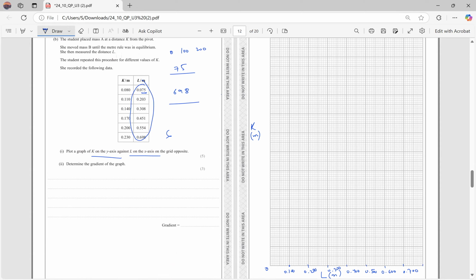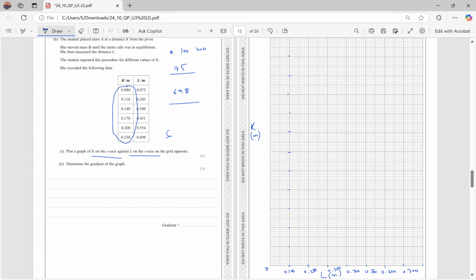Let's move on to K. K is also in decimals. There are 6 values again. But here on the y-axis, we have a lot of boxes. We have 12 boxes.